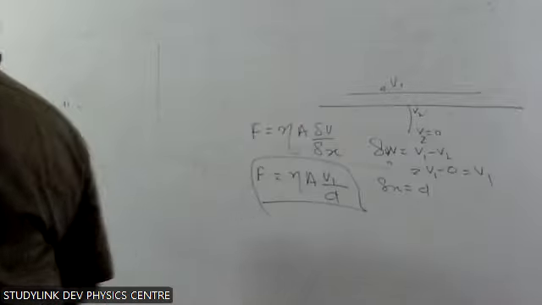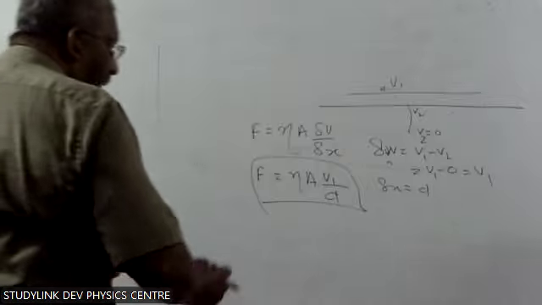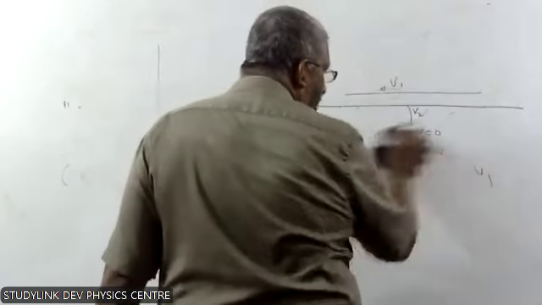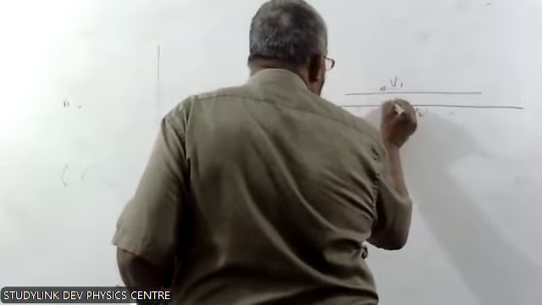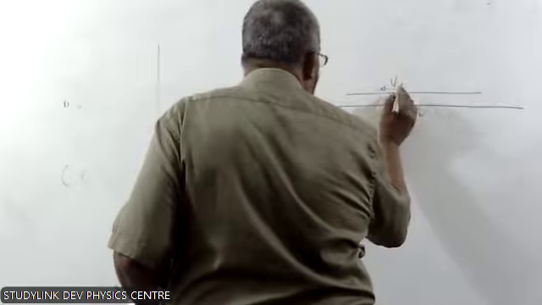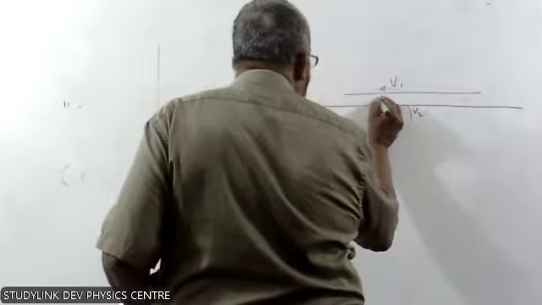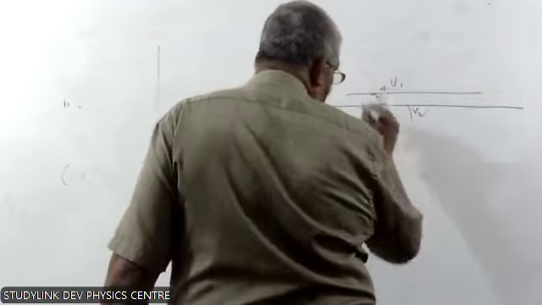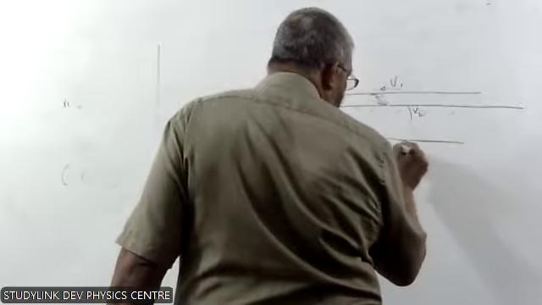They are asking you to show the velocity of the intermediate layers. In between there are so many layers, and you have to consider their velocities. Here you get a certain velocity that is zero. Above that it is getting greater in the opposite direction, and it increases up to v1. So if you are drawing it, you have to draw parallel lines.